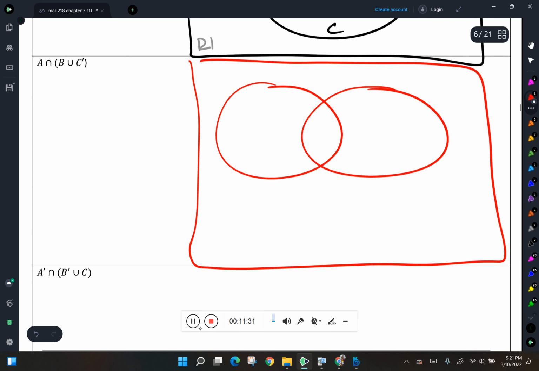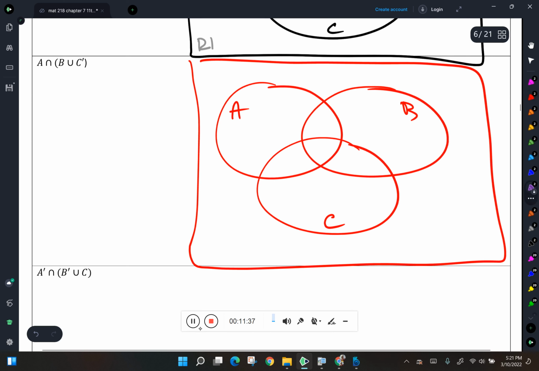There's 3 of them because I've got an A and a B and a C. I've got my region 1, region 2, region 3, region 4 in the middle, right? Region 5, region 6, region 7, and region 8.